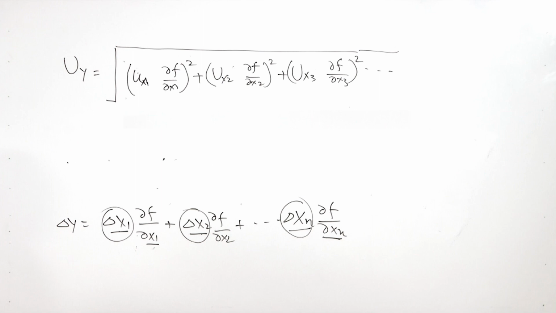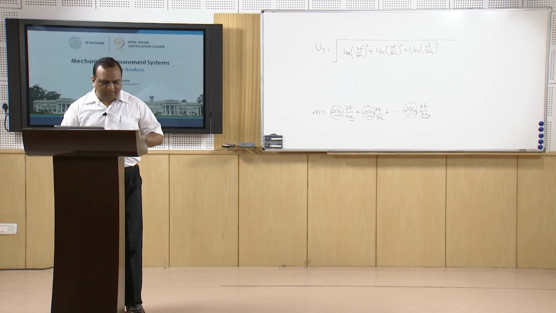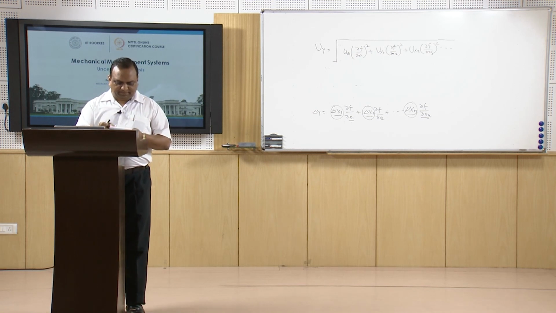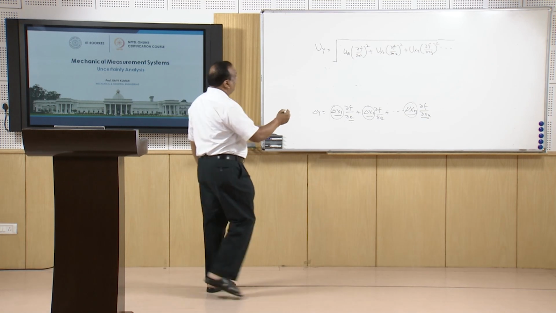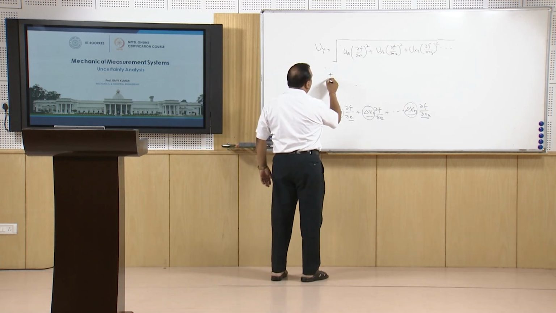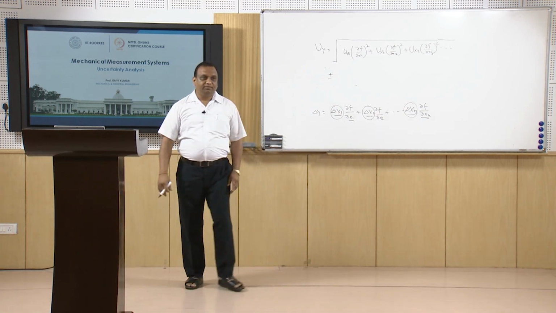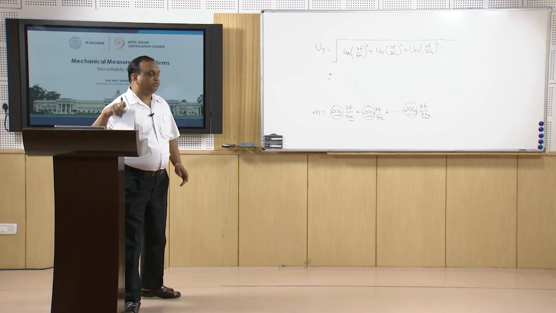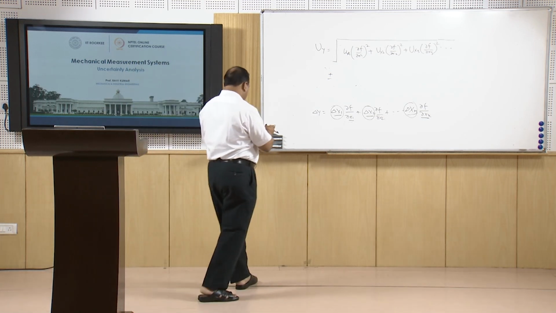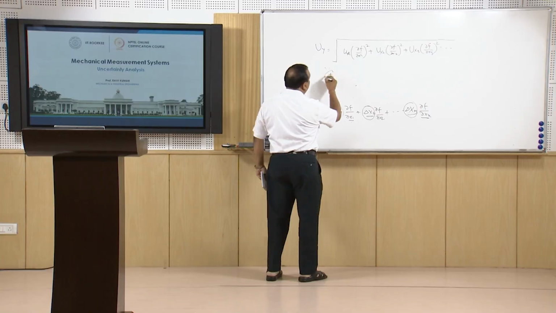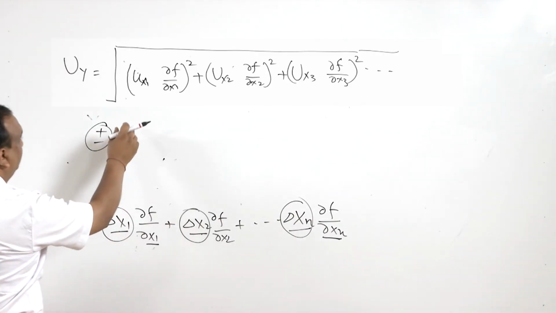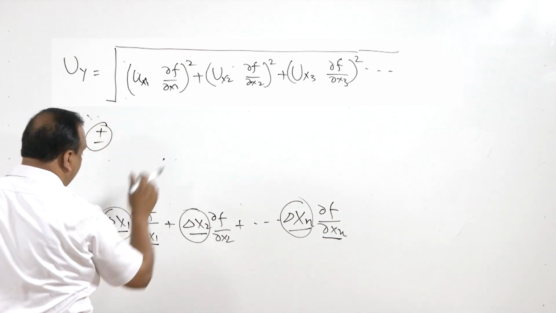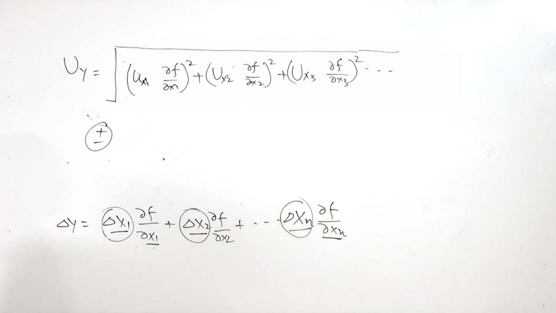This question may arise, and for this purpose, first of all, the purpose of this is that any plus minus contribution is not accidentally cancelled. Any contribution in the uncertainty by virtue of being x1 delta x1 positive or negative, they are not accidentally cancelled.